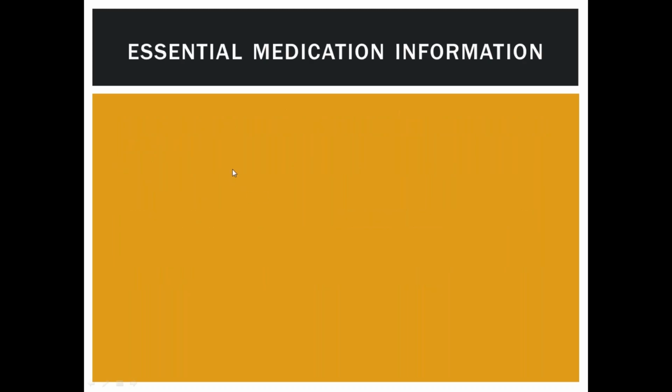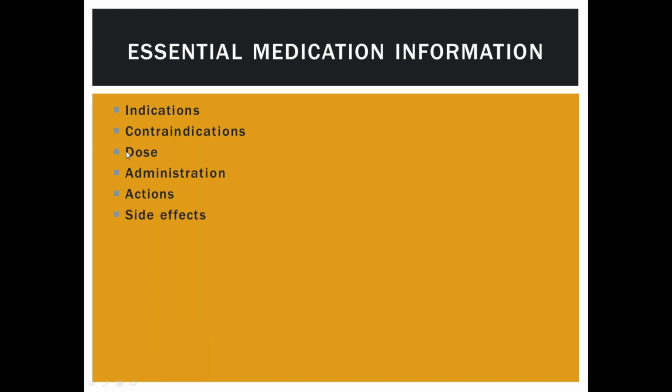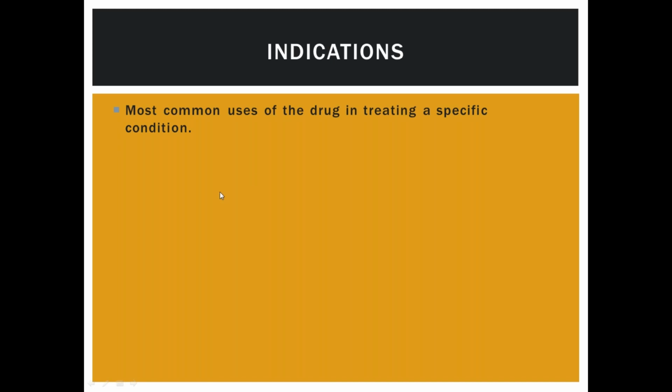So some essential medication information that we have to go over every time we give these medications: our indications, contraindications, what our doses are, the administration or the route, mechanism of action, and any type of side effects.